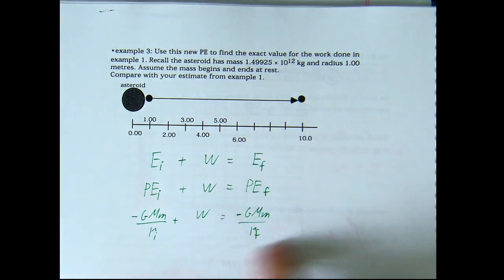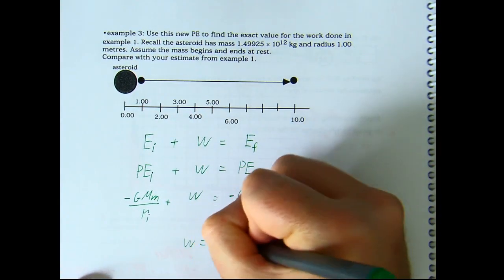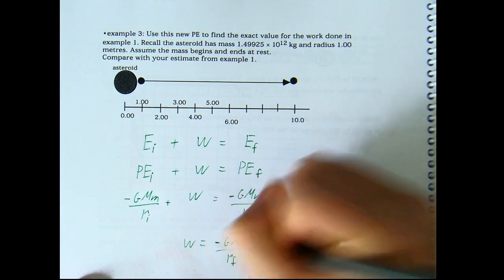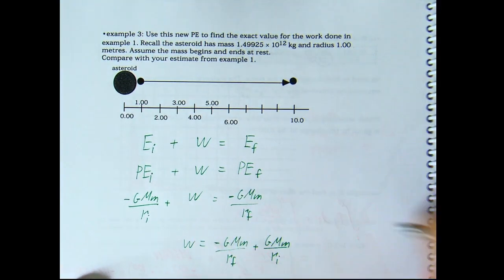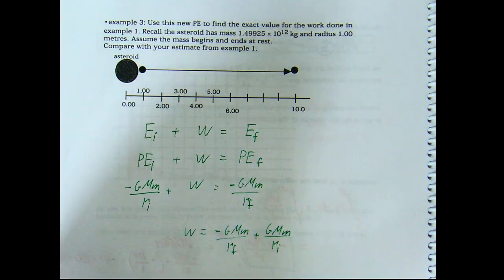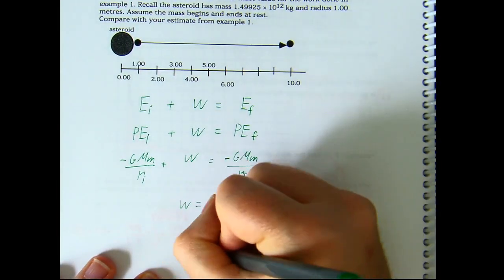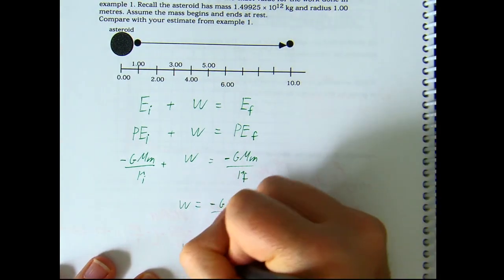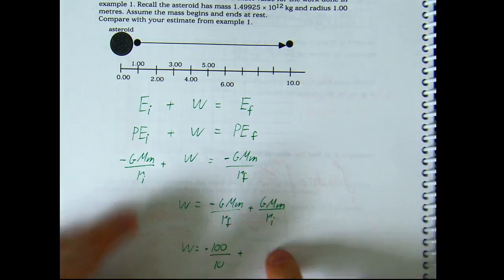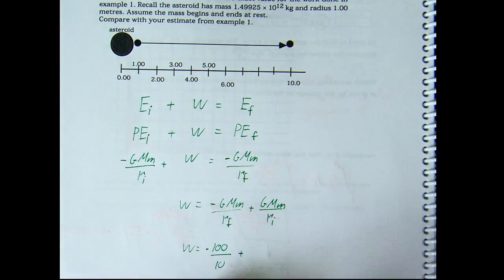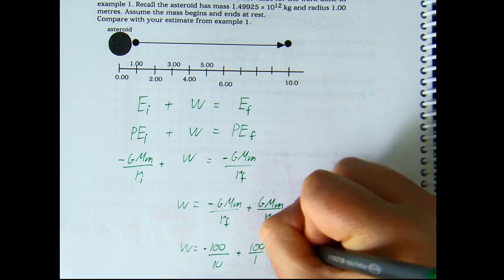Work is going to equal negative GMm over r final plus GMm over r initial. GMm in this case was just 100. So work is equal to negative 100 over 10 plus 100 over 1, which we can see is 90 joules.